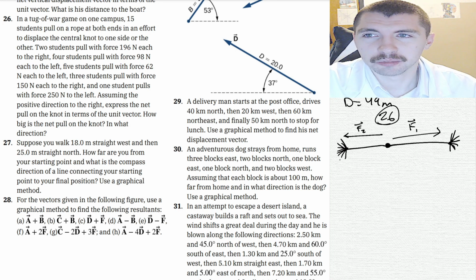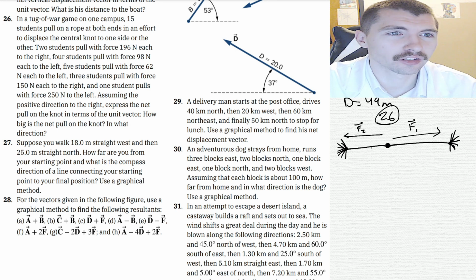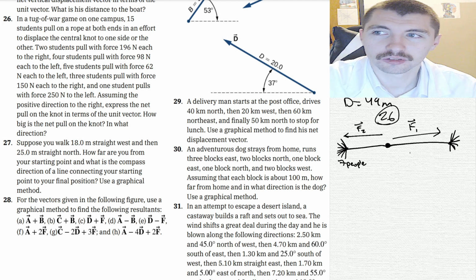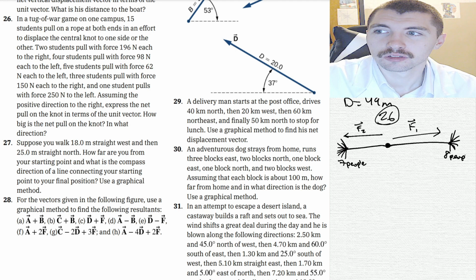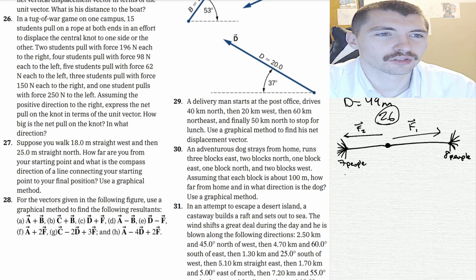So what is this? Is it 8 people on this side, 7 people on that side? Or is it 15 on here and 15 here? 15 students. So I'm guessing 15 total, pulling the rope at both ends. Okay, so I'm gonna guess 7 and 8. 8 people, 7 people, 8 people. Okay. 2 students pull with a force of 100 newtons each to the right.